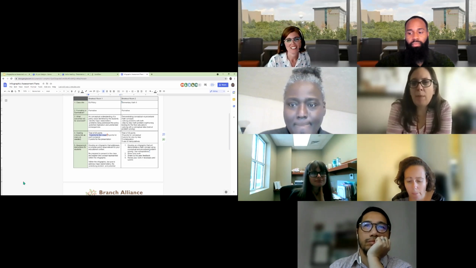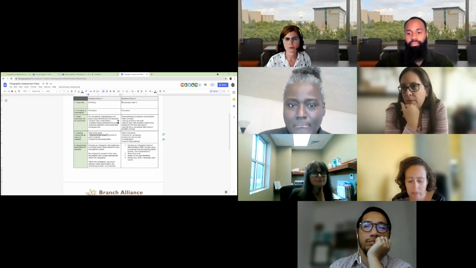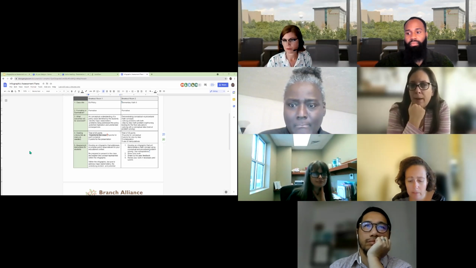I was thinking not so concerned about the visual, but rather that the visual is actually representing, and that the student can articulate how the visual represents the concepts that they're going to be focusing on. So thinking more about the content of the visual than the visual itself, if that makes sense.